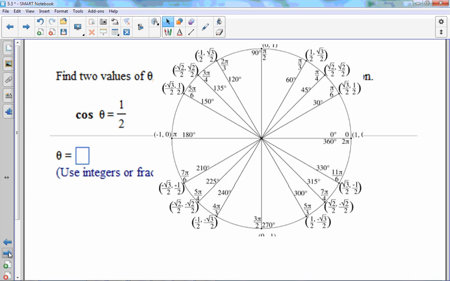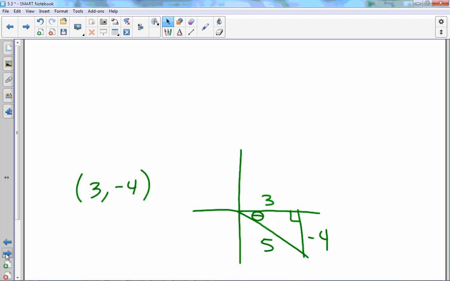That would be pi over 3 and 5 pi over 3. These are really easy questions if you know your unit circle. So it's another reinforcement of why we need that unit circle on this next quiz, because there's a bunch of questions on it. All right, that's all of 5.3.